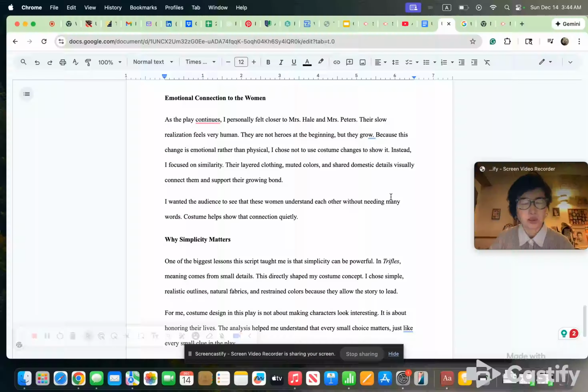I wanted the audience to see that these women understand each other without needing many words. Costume helps show that connection quietly.